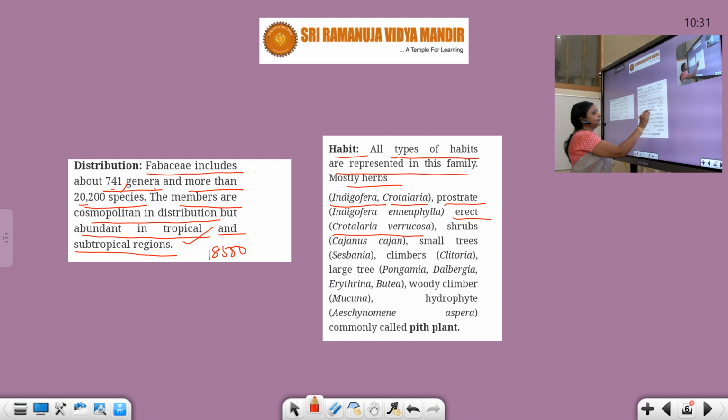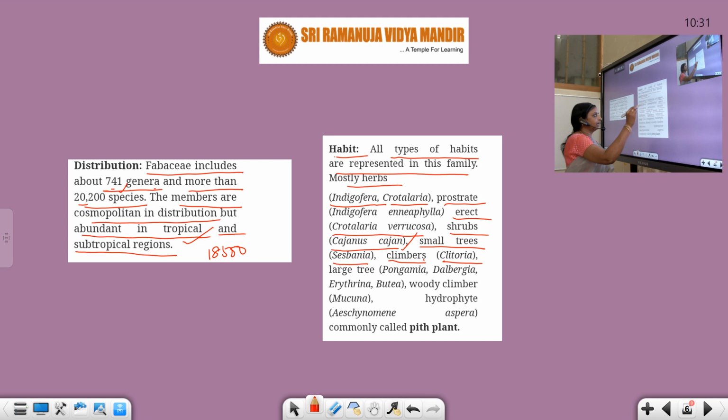Some shrubs also: Cajanus cajan and Cicer. These are shrubs, and small trees are also present. Sesbania is a tree-like structure. And among climbers, in Clitoria we can observe climbers climbing with the help of tendrils.